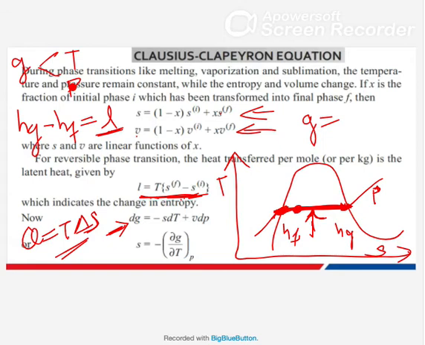Then we can write dG equals dou G by dou T at constant pressure plus dou G by dou P at constant temperature. From there we can derive this particular relation.